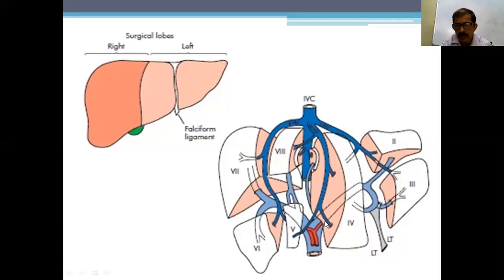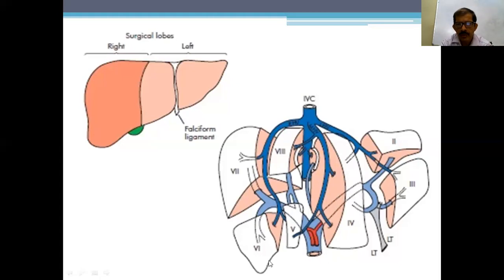Whereas this caudate lobe will drain into both the right and middle. Similarly, you can see how the portal vein is dividing into right and left branches. Similarly, the hepatic artery will also divide into right hepatic and left hepatic artery. So like that, all are divided. Bile duct also is divided as right and left bile ducts.